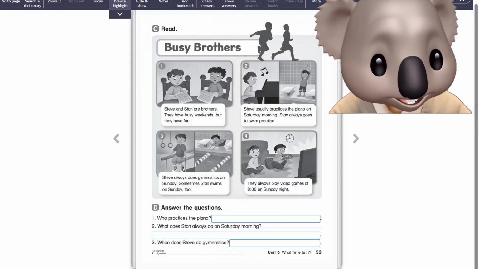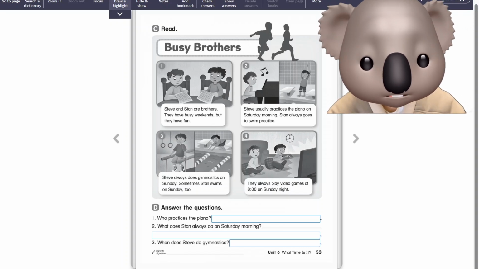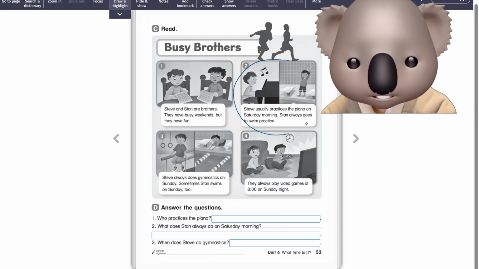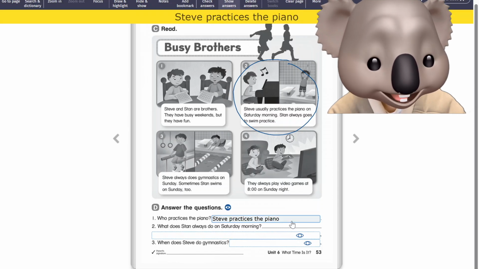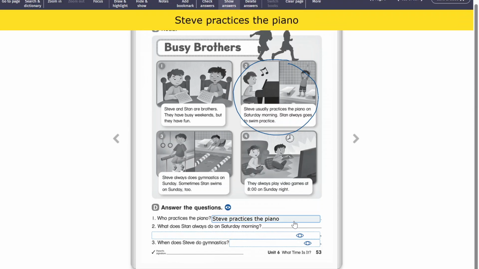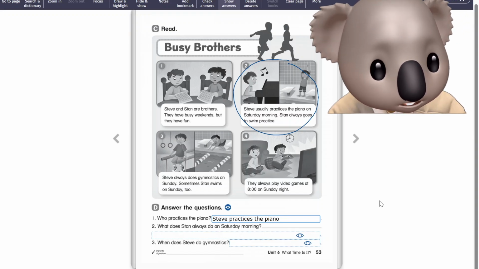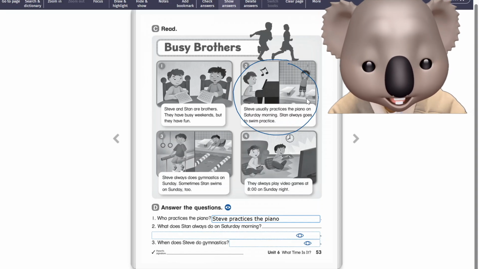Let's answer the questions. Number 1. Who practices the piano? We'll find the answer in picture number 2. Great job! Steve practices the piano. Number 2. What does Stan always do on Saturday morning? 또 두 번째 사진에 보면 되겠다.